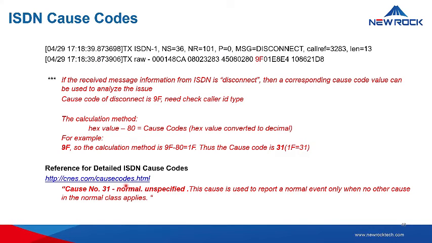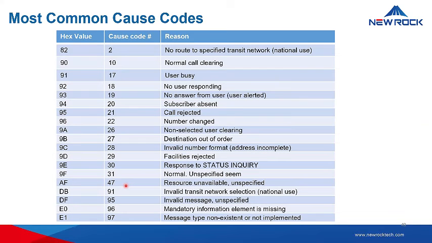As you can see, the code is 31. That is normal, right? Normal or unspecified. These are the corresponding codes, and here it will have a reason. To see the reason very well, say for example it's 21, that is call rejected.